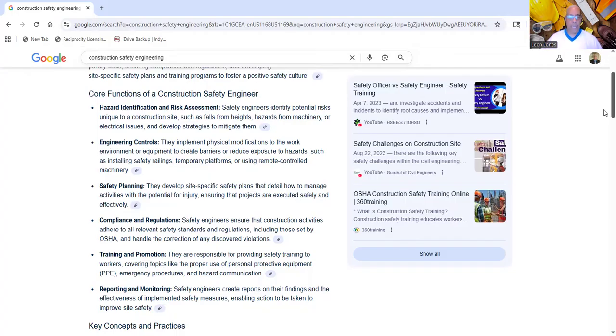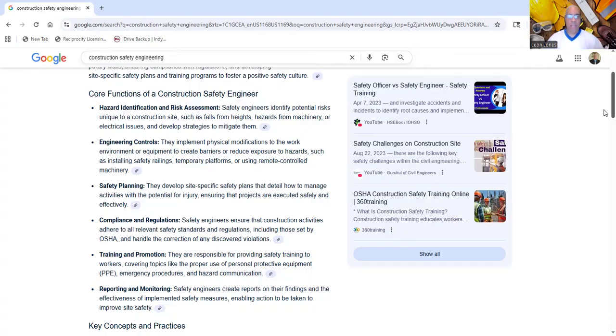Then you have your compliance and regulations. The safety engineer will ensure that construction activities adhere to all relevant standards and regulations, including those set by OSHA, and they handle the correction of any discovered violations. Then the biggest item, every year we get it, training and promotion.